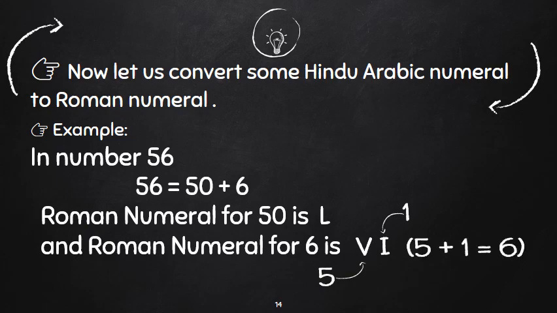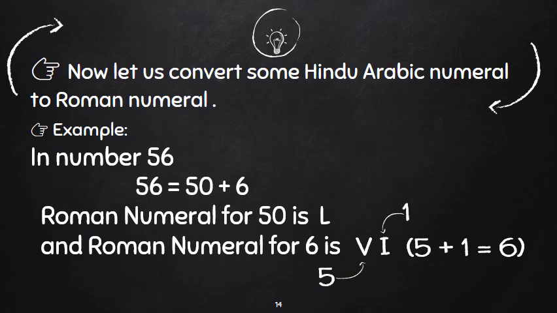So, we know that I is a smaller Roman numeral and V is a bigger Roman numeral. So, we are adding the smaller Roman numeral to the bigger Roman numeral. That is 5 plus 1 is equal to 6.